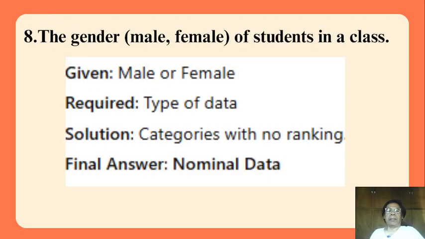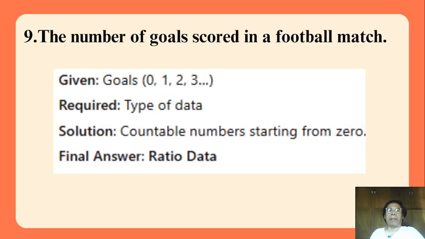And then practice problem number 8. The gender, male, female, of students in a class. So we're given male or female. Required the type of data. So solution, categories with no ranking. So the final answer is nominal data. Practice problem number 9.